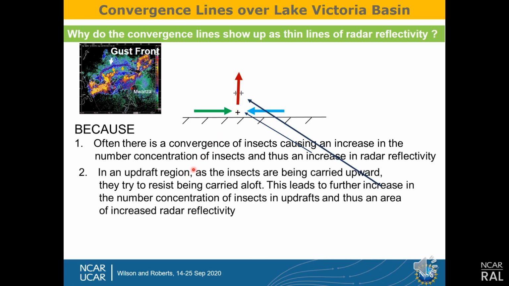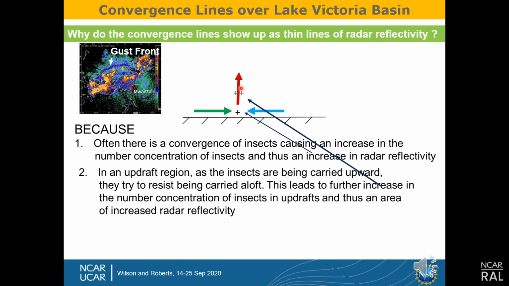In the updraft, the insects are, of course, being carried upward, but they resist being carried aloft. I guess they just don't want to get cold. I never asked one. But this leads to a further increase in insects here because the rate of coming in and going out is different.